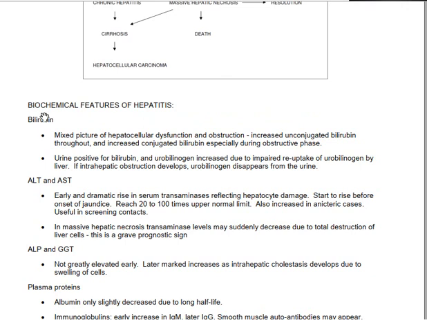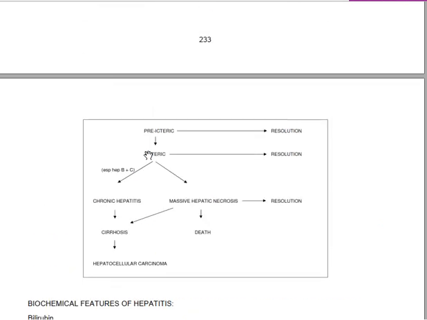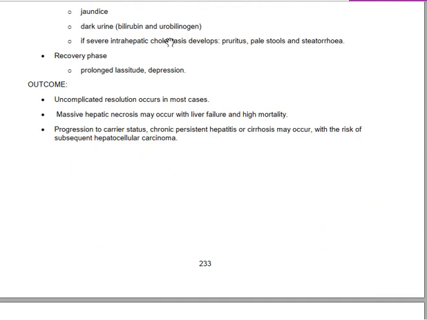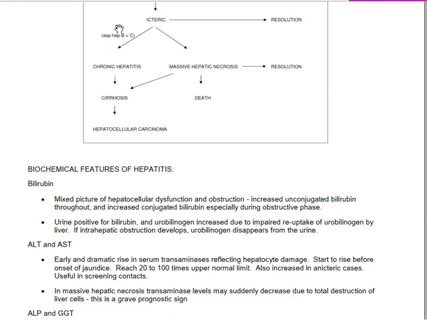Because there is hepatitis, and so the liver is not going to conjugate the bilirubin very well. So you are going to have both an increase in unconjugated bilirubin and an increase in conjugated bilirubin, especially due to the obstructive phase, as you have seen in the icteric period.